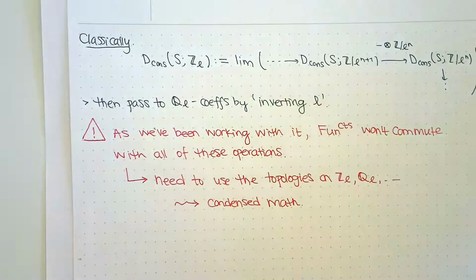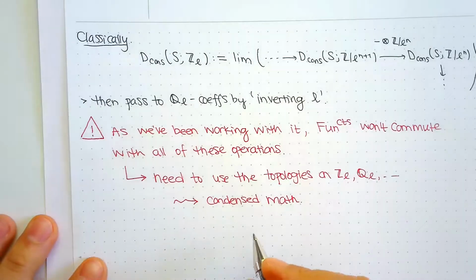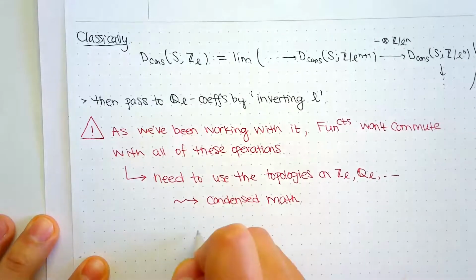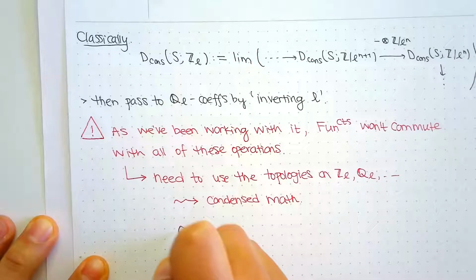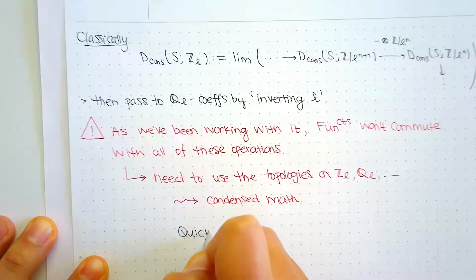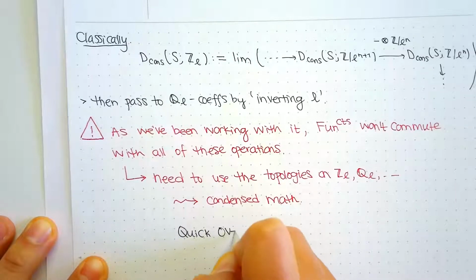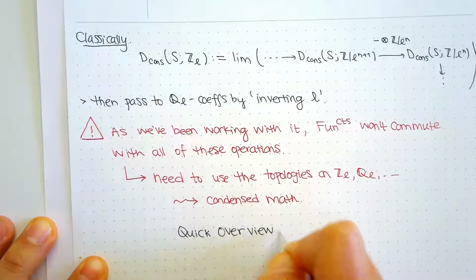So what I want to explain in the remainder of the time is how you can do that and how you can upgrade this theorem. In order to do that, I'm going to need to give a quick overview of condensed math.